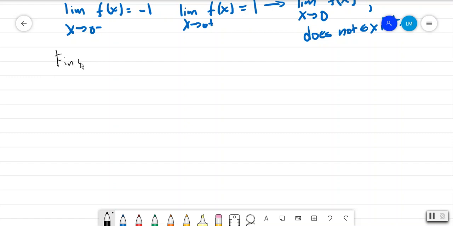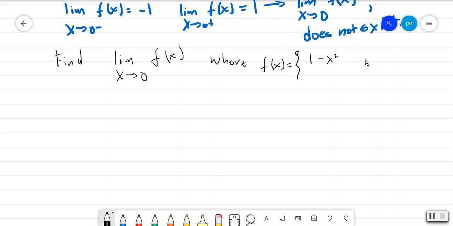Let's say we want to find the limit as x approaches 0 for f(x), where f(x) is defined as the piecewise function: 1 − x² for when x is less than 0, and 1 − x for when x is greater than or equal to 0.